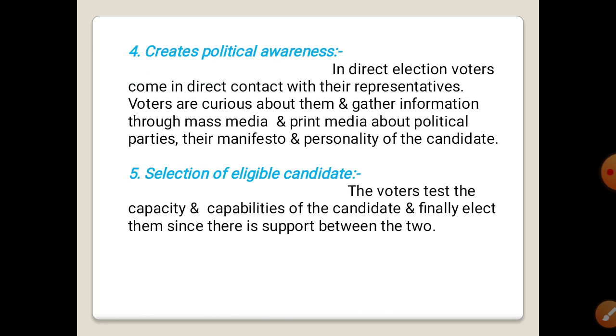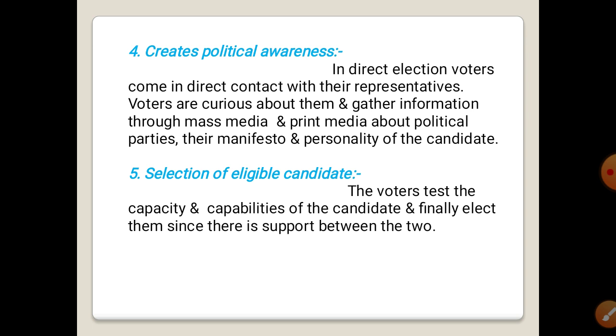Fourth one, creates political awareness. India is a democratic country and we have chosen a democratic government. So in direct elections, voters come into direct contact with their representative. Voters are curious about them, and gather information through mass media and print media about the political parties, their manifesto, even the candidates' personality. Most people nowadays are well educated and very aware of their political rights.